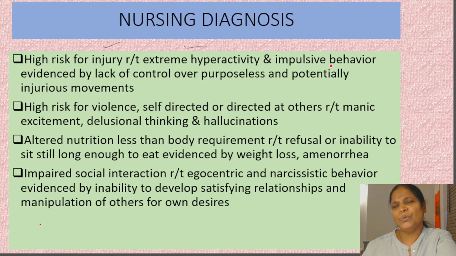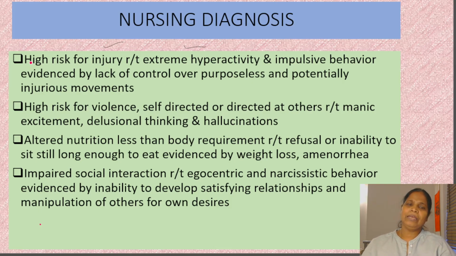Apart from that, various etiological factors, lack of control over their moods or their psychomotor activity, and because of that they involve themselves in risky behaviors like rash driving, giving away whatever they possess, or they become so aggressive that they go on to attack the other person. So they involve themselves in risky behavioral activities.